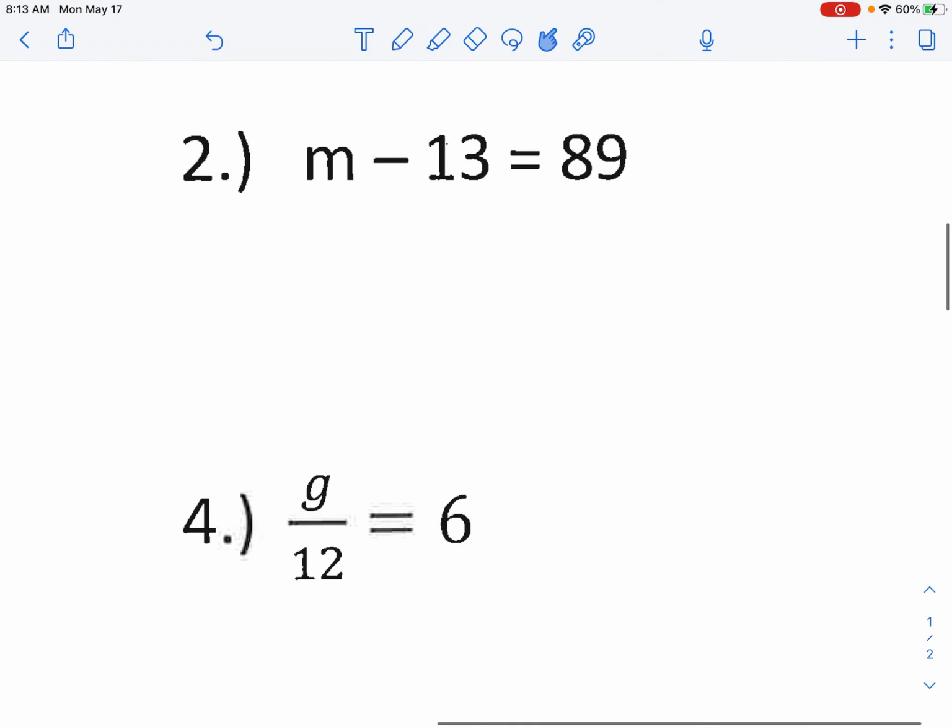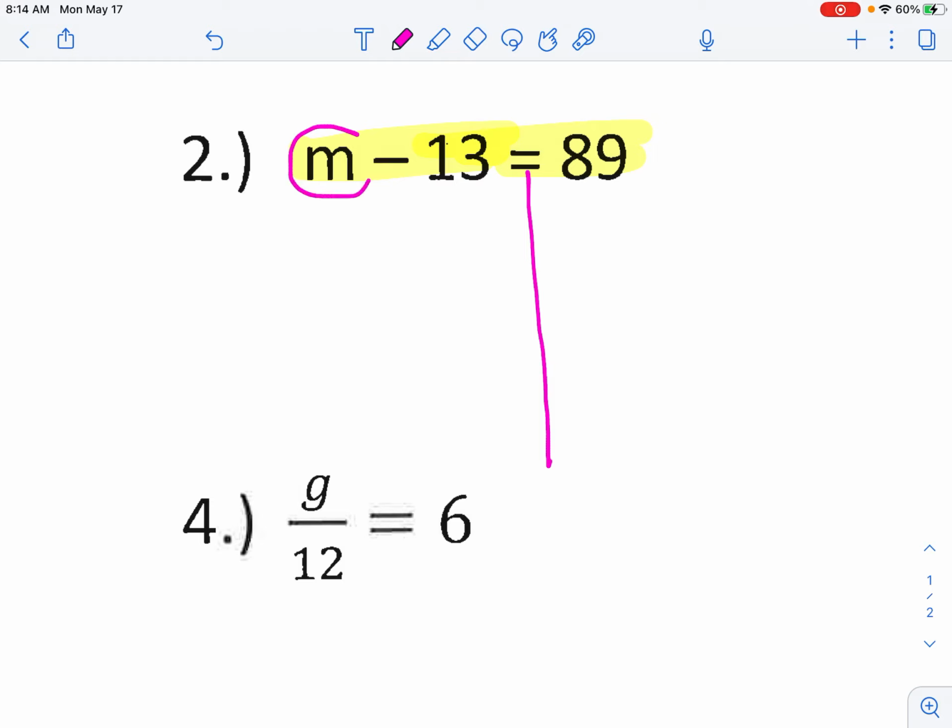All right, let's take a look at number 2. So our equation is what number minus 13 equals 89? Draw your mirror. That's just a visual reminder that you have to show both steps on both sides. So what I see here is a minus 13. Remember, we're trying to get this m all by itself. So we have to get rid of negative 13. I get rid of negative 13 by adding 13.